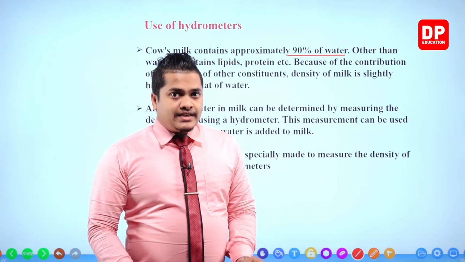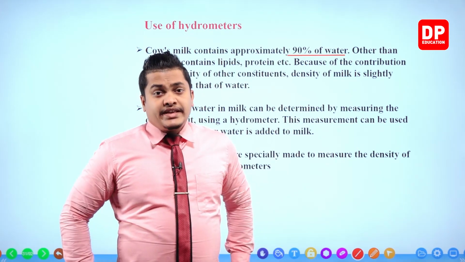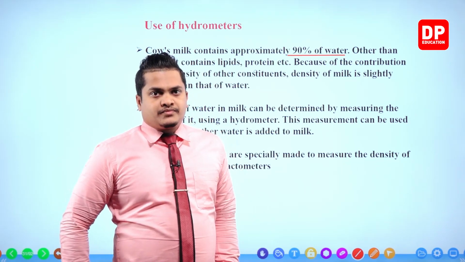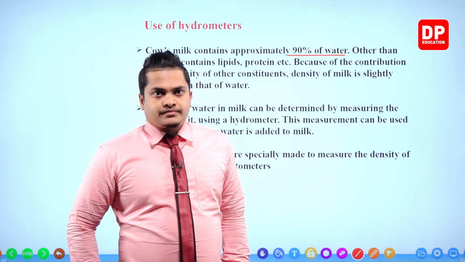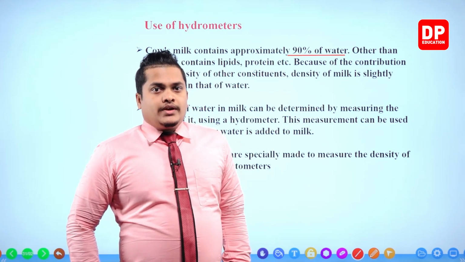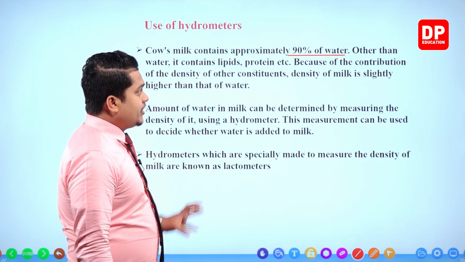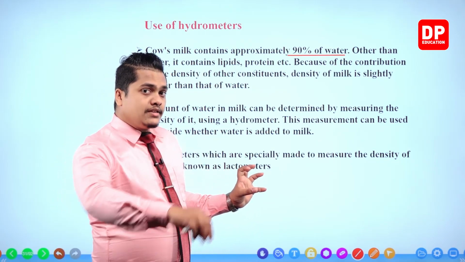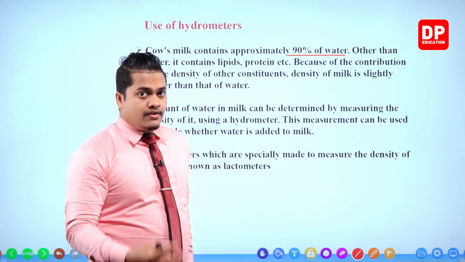So due to the decrease in solid content, definitely the density is decreased. So density can be found out in normal milk and the milk sample given by the farmer.